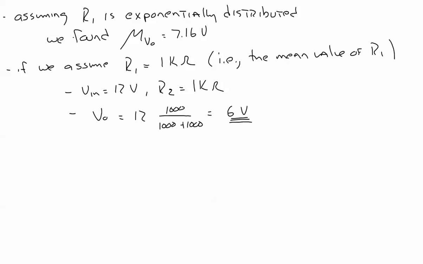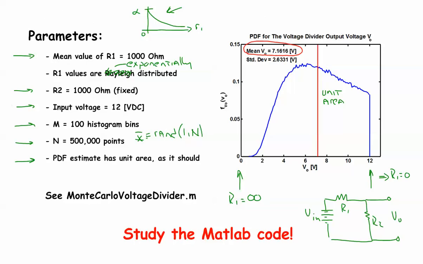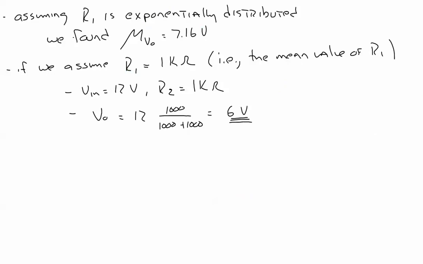All right, so using Monte Carlo simulation techniques, I came up with a probability density function and a mean output voltage of 7.16 volts, and that is absolutely not something I would expect by calculating the output voltage based on the mean value of my random parameter.